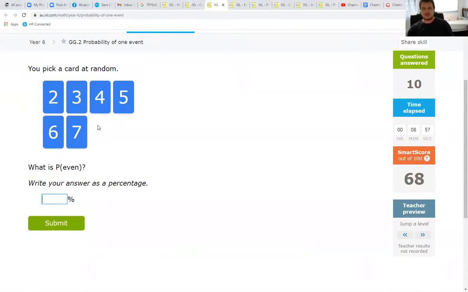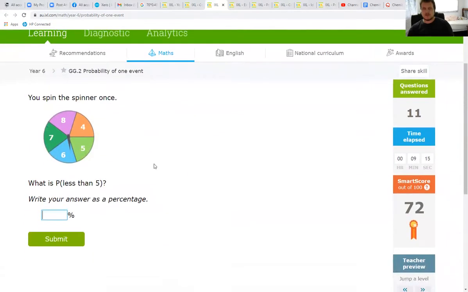What is the probability that this number you pick is even? Right, last one. What's the probability that you spin this spinner and you get less than a 5?